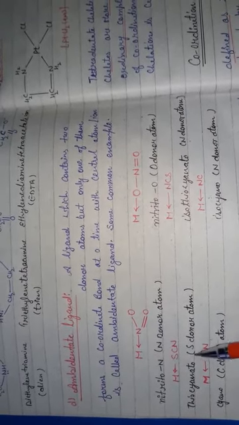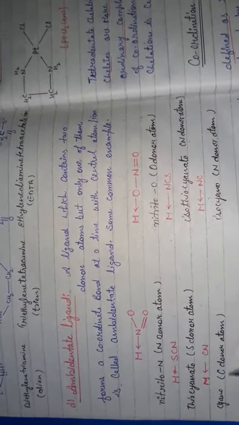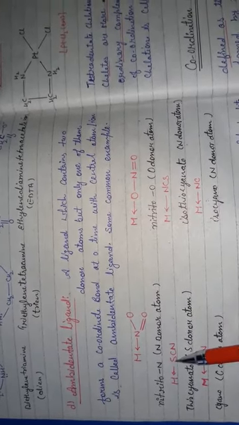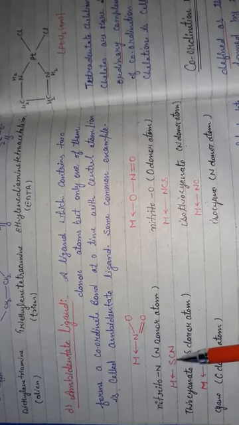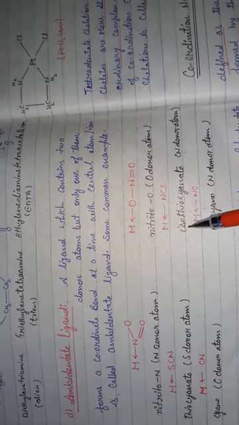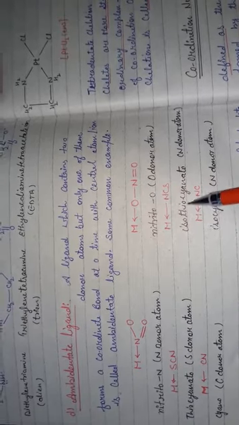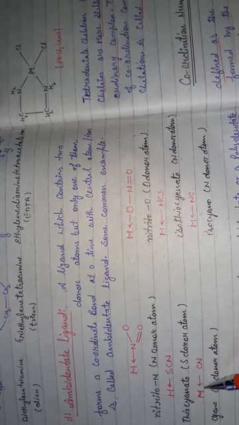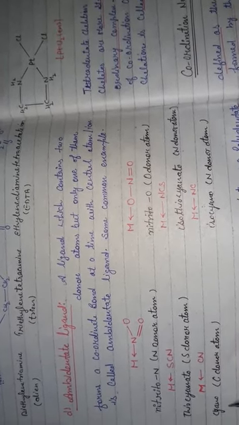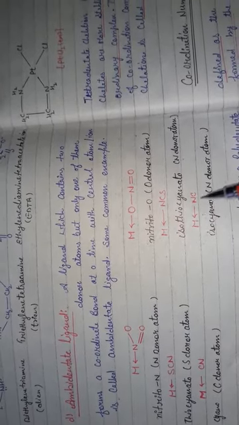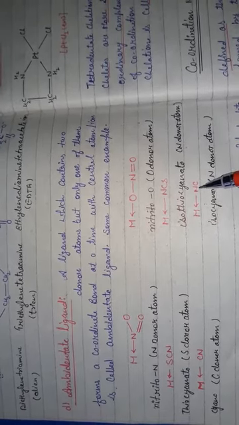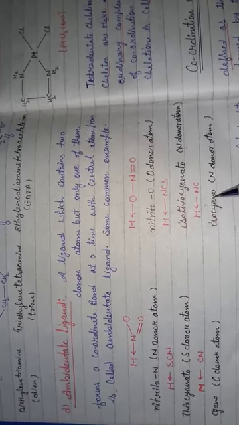Similarly, thiocyanate has S as a donor atom and, here, nitrogen, so that's why it is called isothiocyanate. Cyanide donates electrons from carbon to the central atom, hence cyano. Here the cyanide group donates electrons from the nitrogen atom, so that's why it is called isocyano.